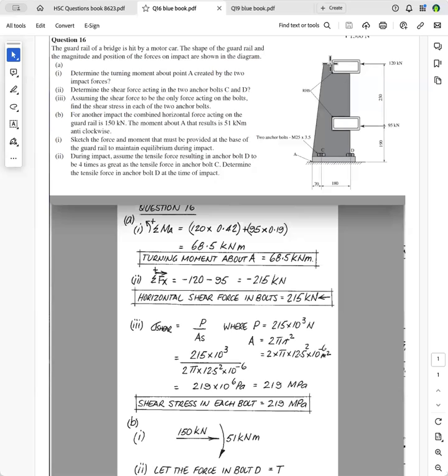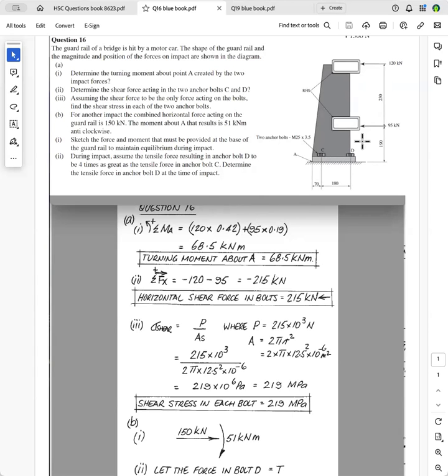Remember, torque is the same as a moment. That's a twisting action. So that's 120 times 420, and I've put it in meters here, so it's 0.42. This is going in the same direction, which will be anti-clockwise there, and that's why I've put anti-clockwise there, so these will be positive, I guess.